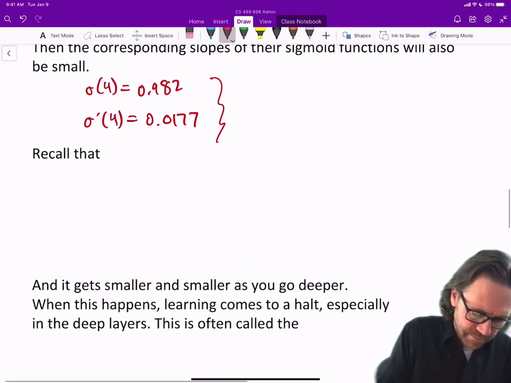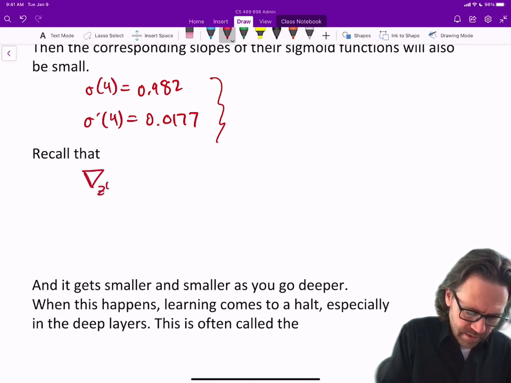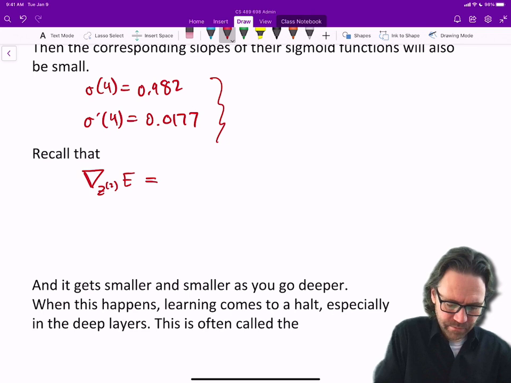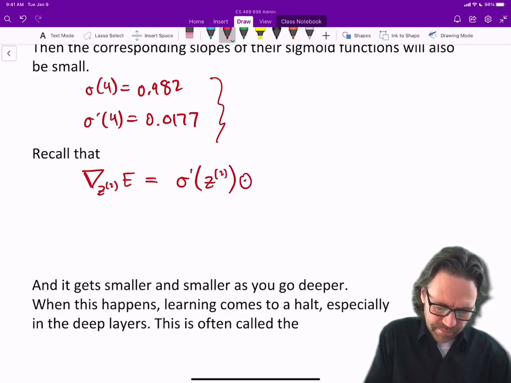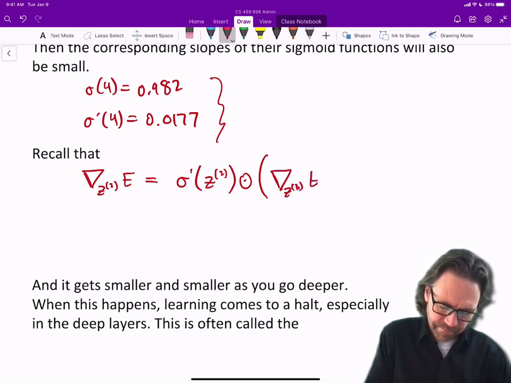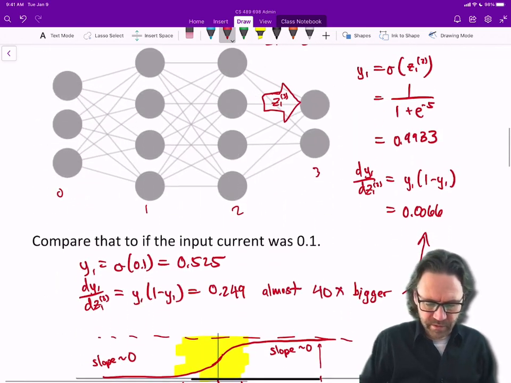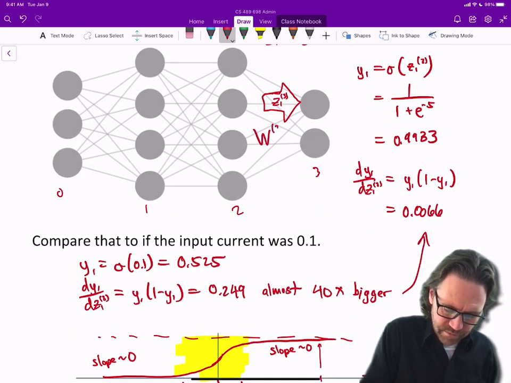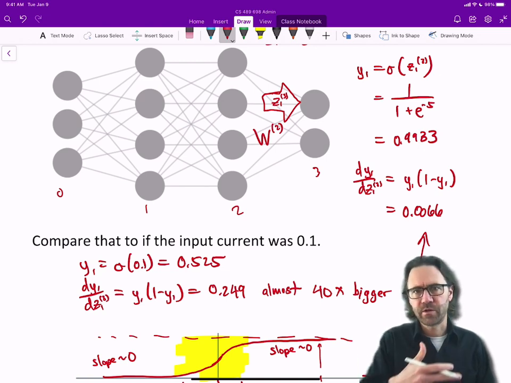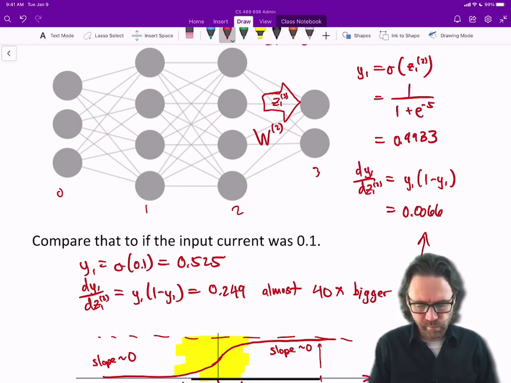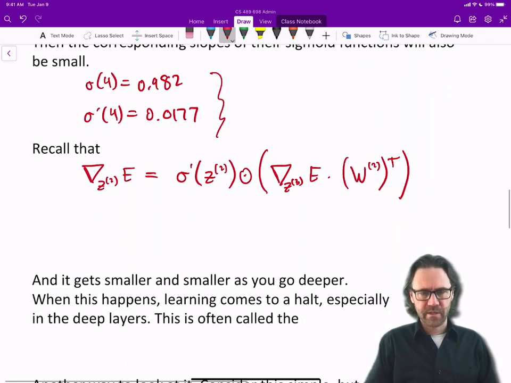Okay, so recall that the gradient at layer 2 is equal to sigma prime of Z2 Hadamard times the gradient at layer 3 times the weight matrix transpose. So I'm calling this W2. I usually label the weight matrix according to the layer it's coming from. It doesn't really matter, as you'll see.